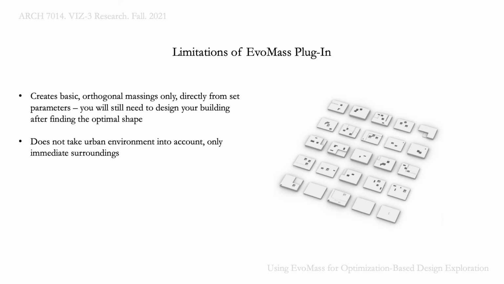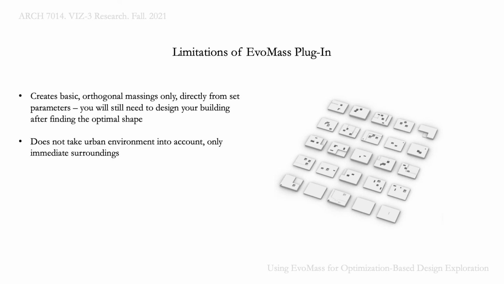And then another thing that was mentioned by the creators is that it does not take urban environments into account, only immediate surroundings. As you saw in the Ladybug script that we used, it did input a couple buildings on the side, and that's obviously customizable. You can adjust it to be the immediate surroundings, but it doesn't take into account larger overall urban environments.